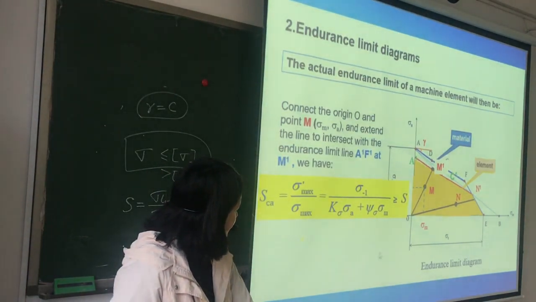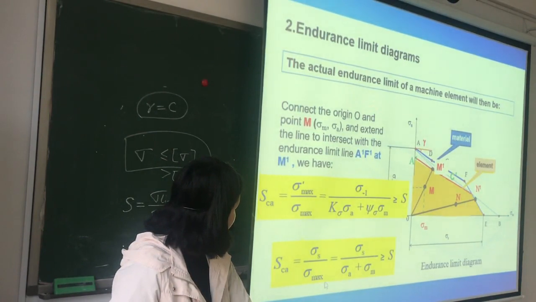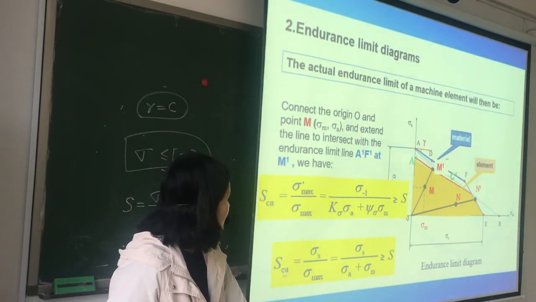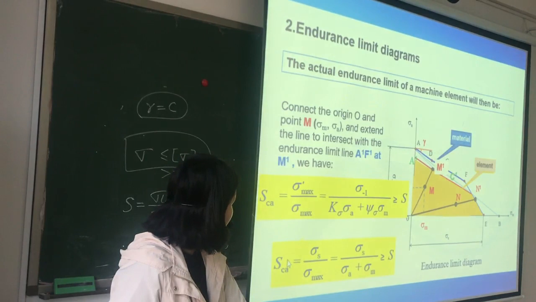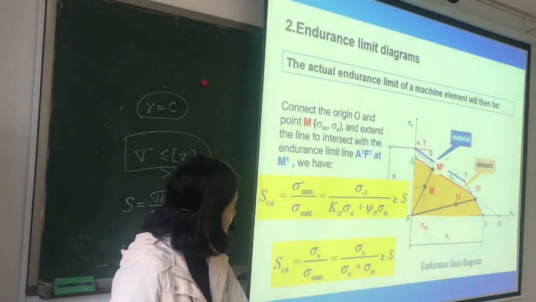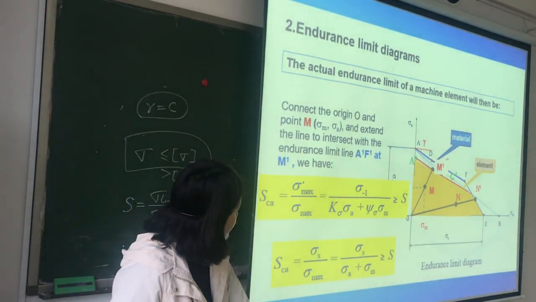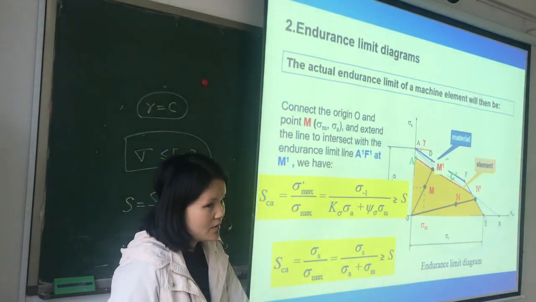Okay. So we also have the safety factor Ca equals sigma S divided by sigma max. The angle is 45 degrees, and the limit for N1E is the yield stress.